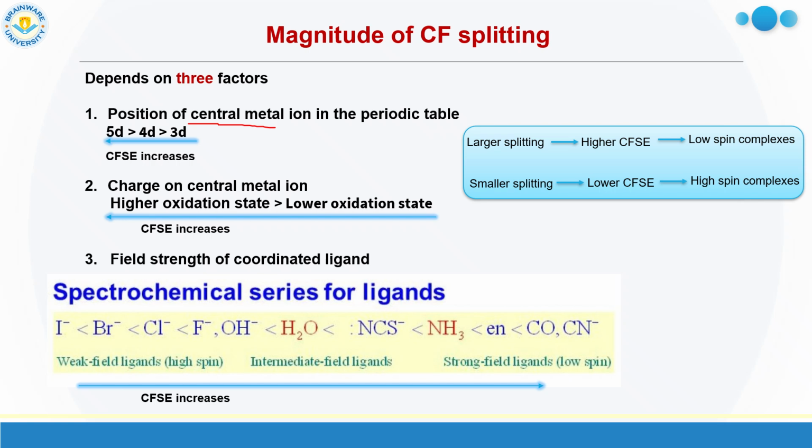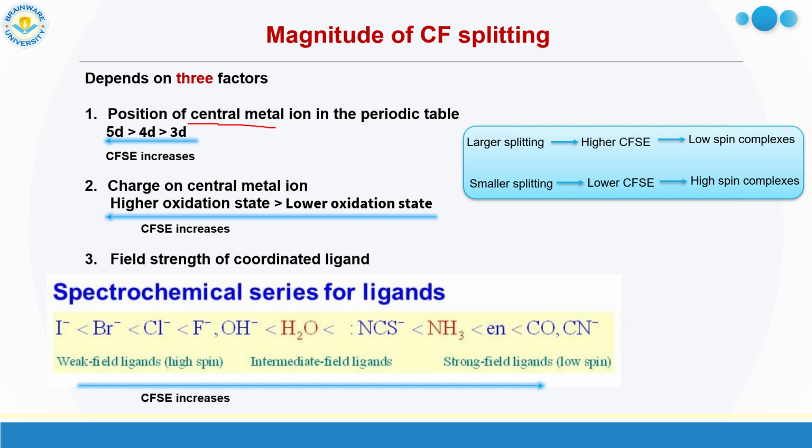Now the ligands are also responsible. The nature of the ligand is also responsible for CFSE. A few ligands can interact to a lesser extent, and a few ligands can interact to a greater extent with the metal.